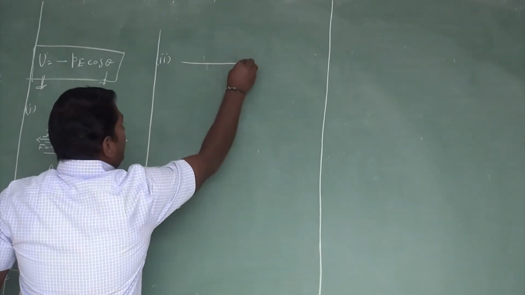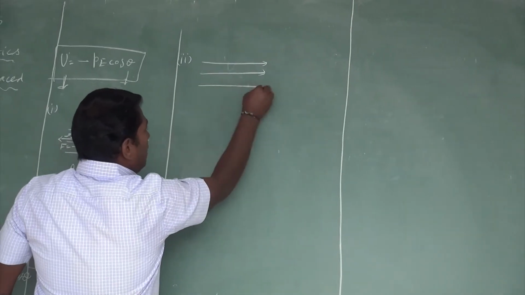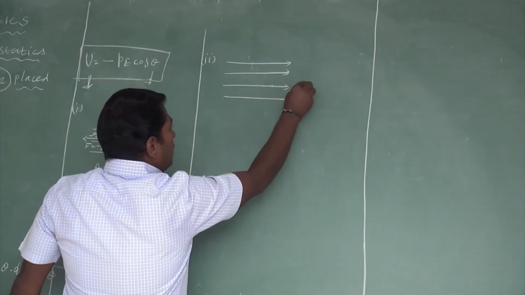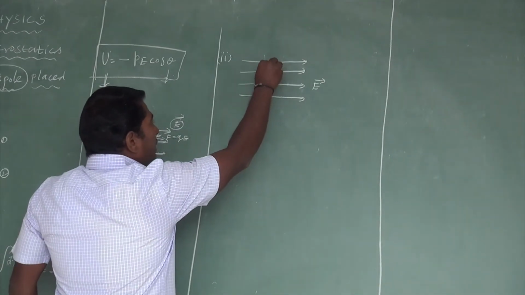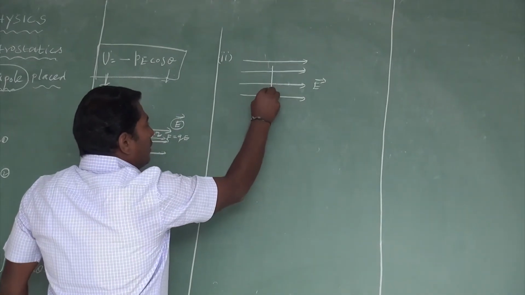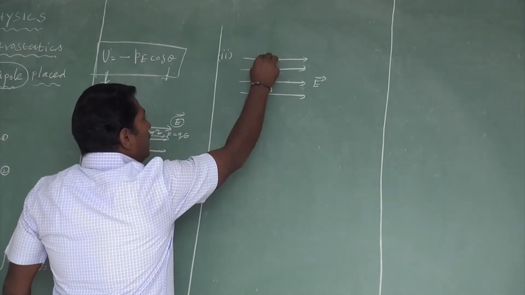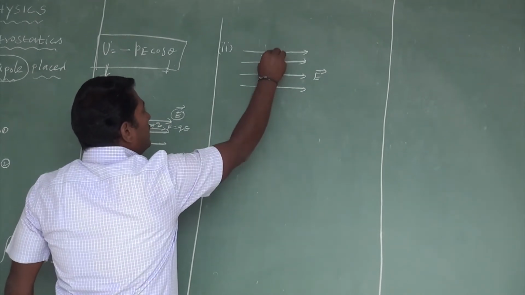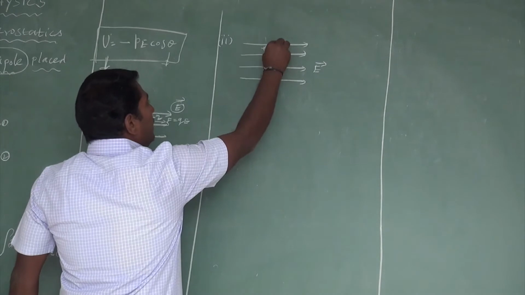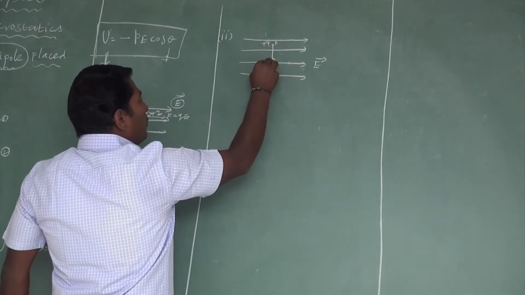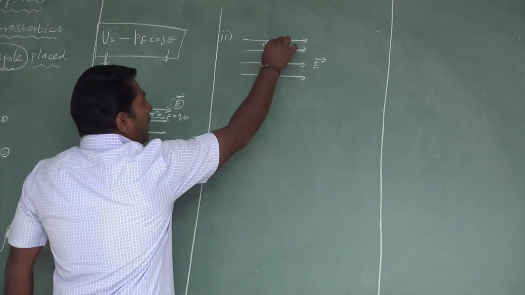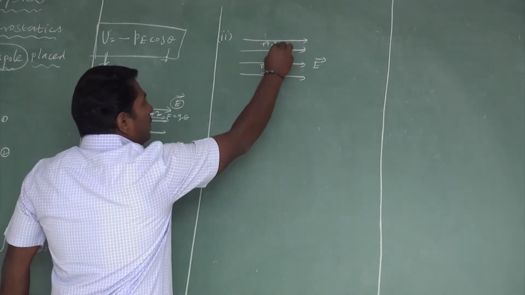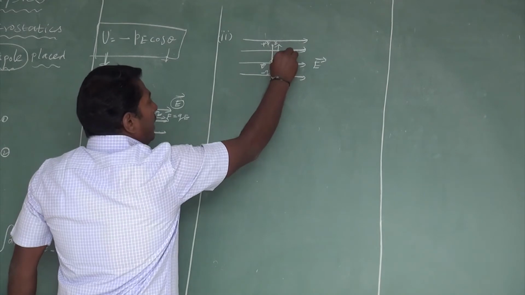See the uniform electric field. Now the dipole position: minus Q charge and plus Q charge are placed at the points A and B. The direction of the dipole moment acts from minus Q charge to plus Q charge. The dipole distance is 2a.